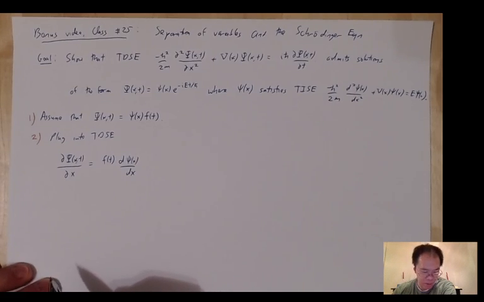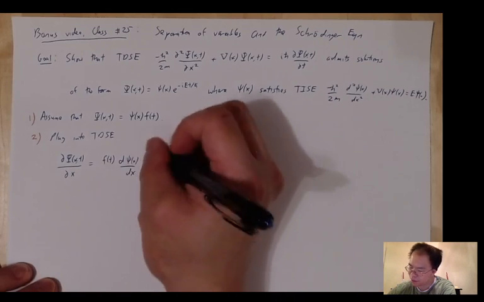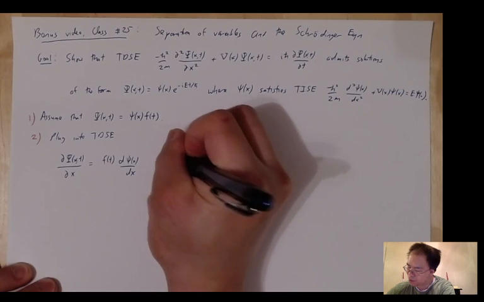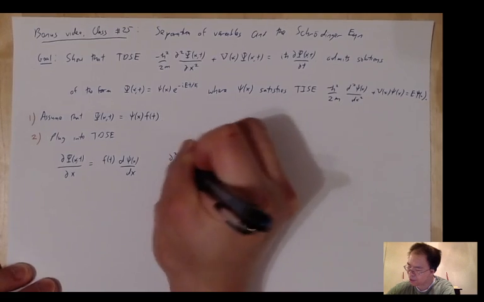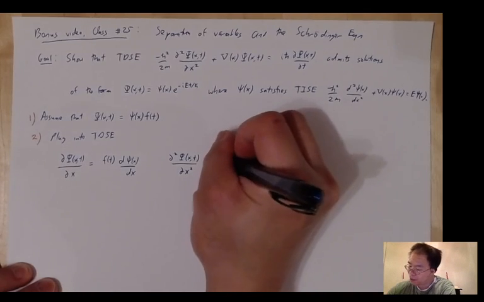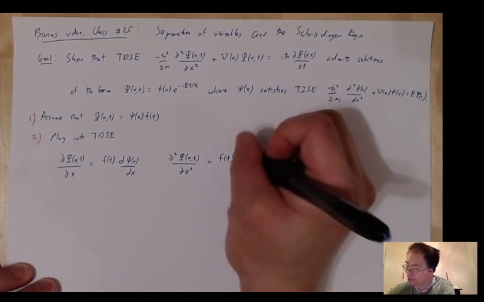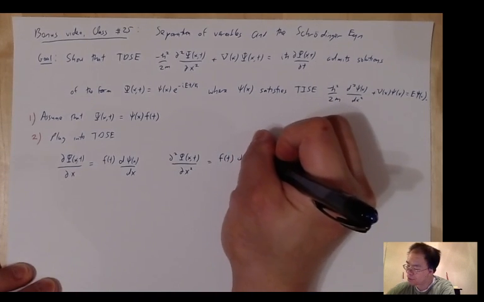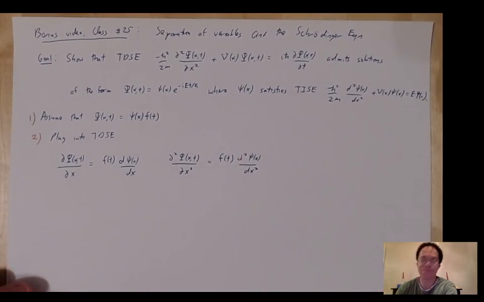In the same way, I can take another derivative, partial squared capital Psi over partial x squared. Playing the same game, differentiating with respect to x again gives me d squared lowercase psi dx squared.